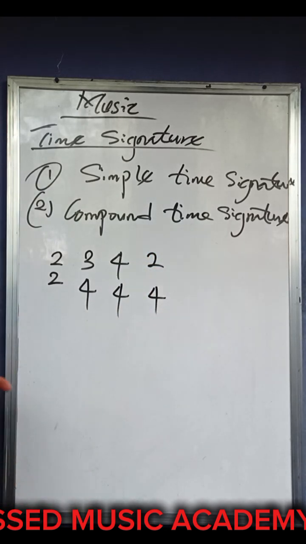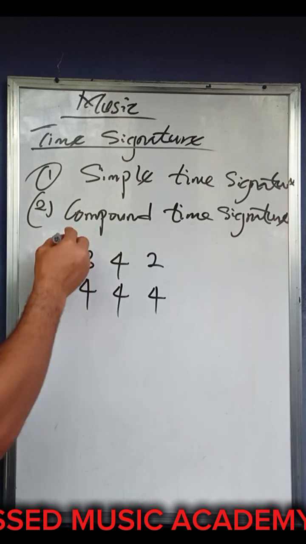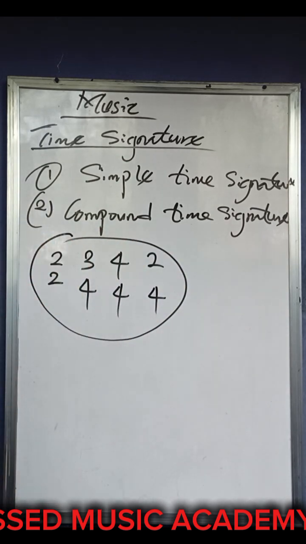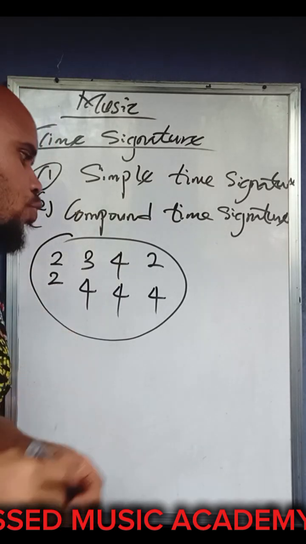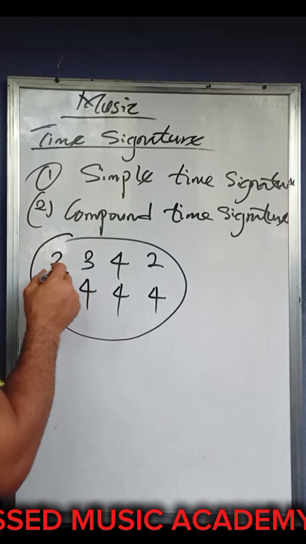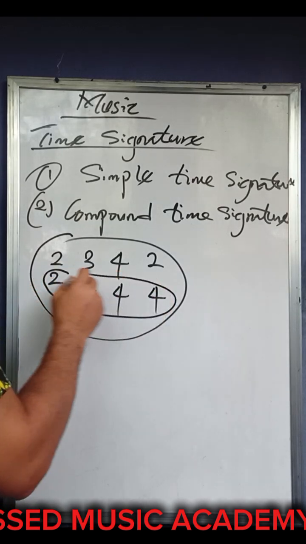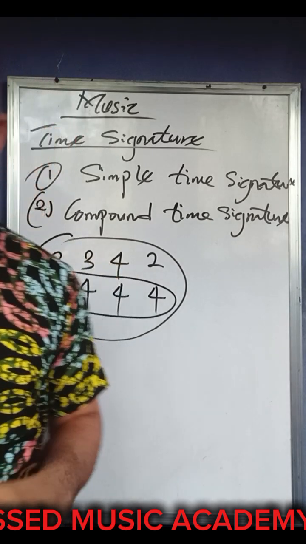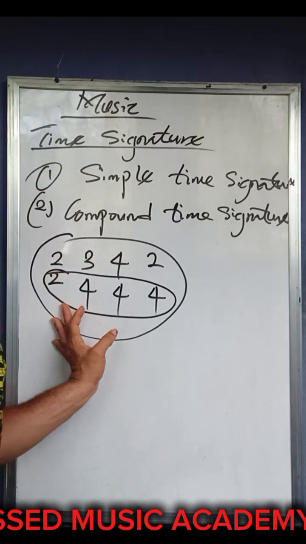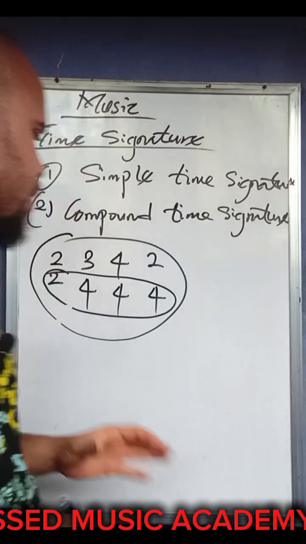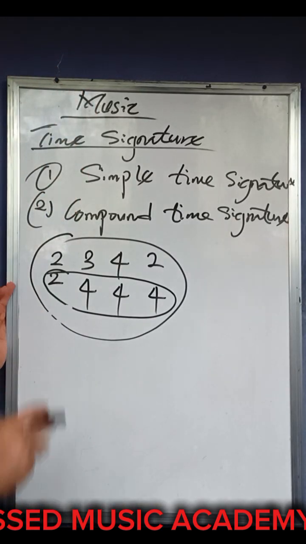These are simple time signatures, 2-2, 3-4, 4-4, 2-4. In fact, whenever you see the denominator as 4 or 2, know that that time signature is a simple time signature.